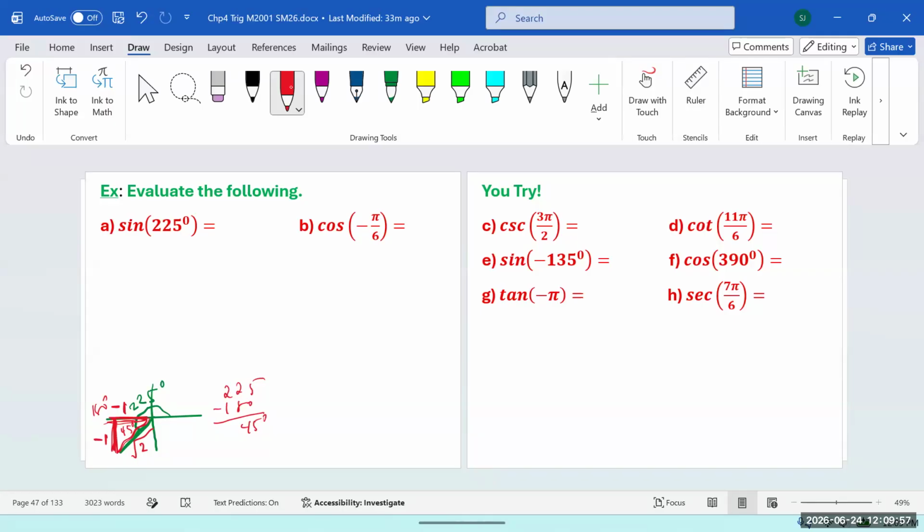Sine is what over what in terms of the triangle? Opposite over hypotenuse. So -1 over square root of 2. From this 45 degree angle, our opposite is -1, our hypotenuse is square root of 2.